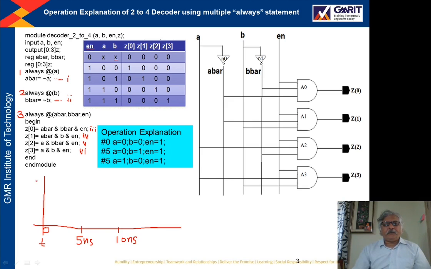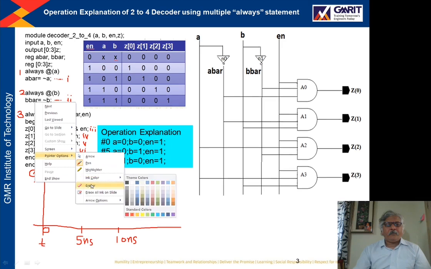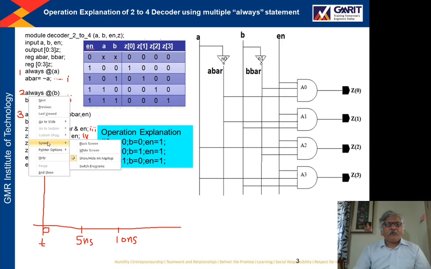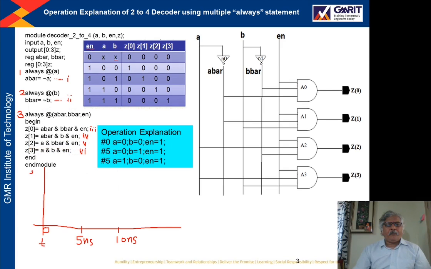So here we write the values of enable, A, B. When the simulation starts, at that time enable is 1, A is 0 and B is 0, right?